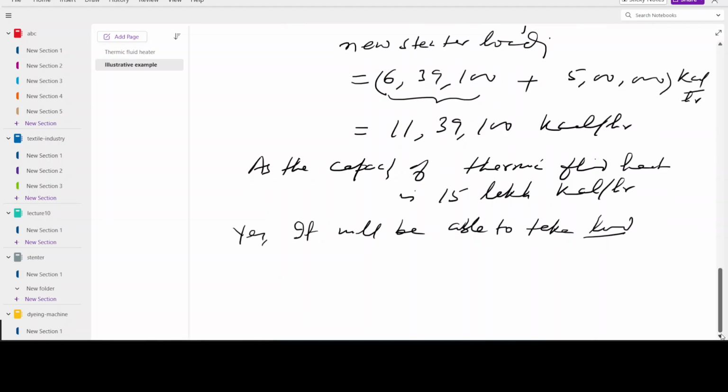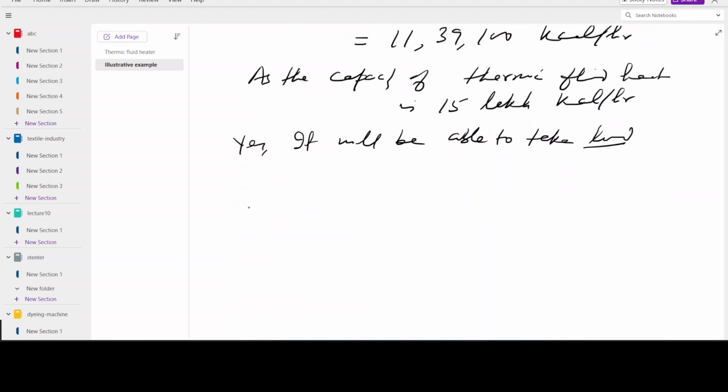Just for the sake of completeness, I want to make it clear, I will define heat duty.